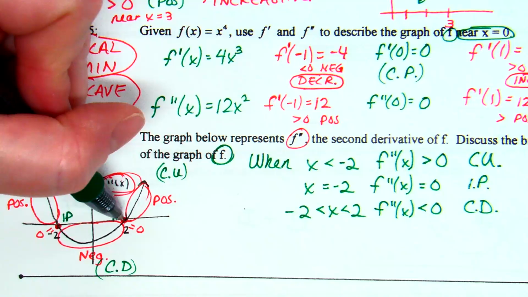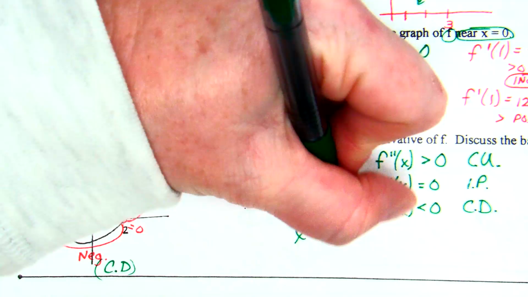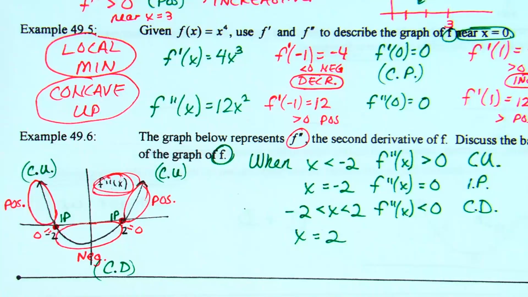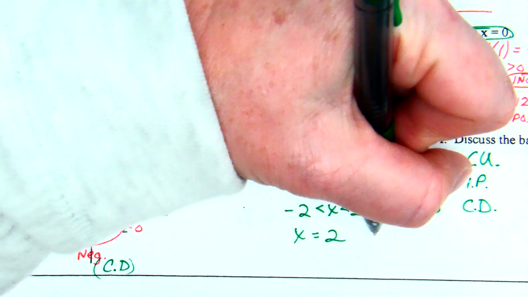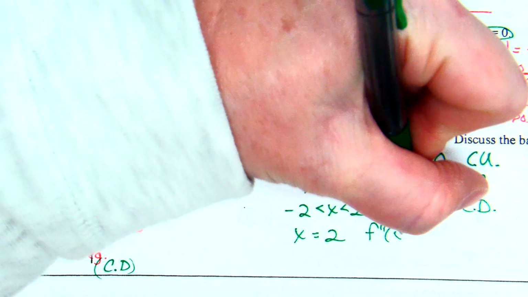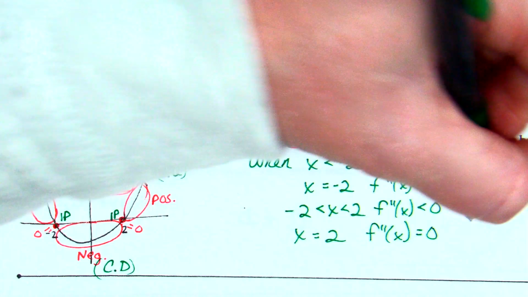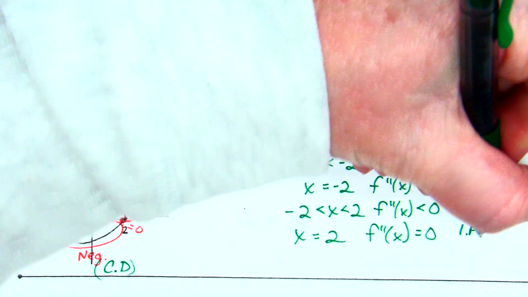The next piece is when x equals positive 2. What is true when x equals positive 2? The second derivative of x equals 0, and it's an IP.